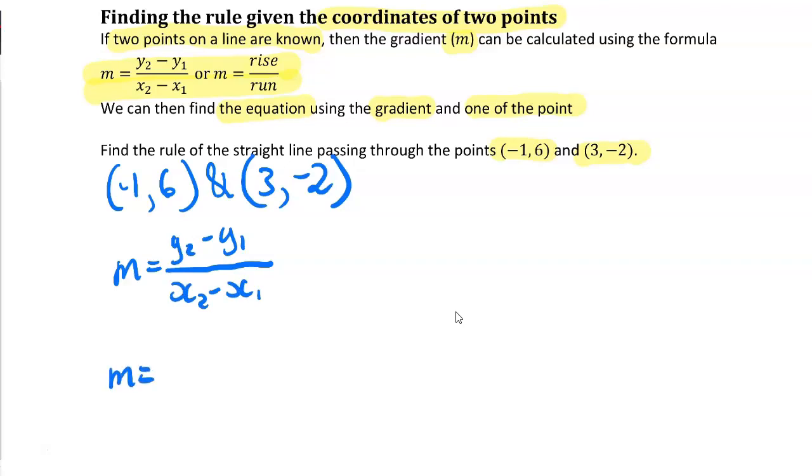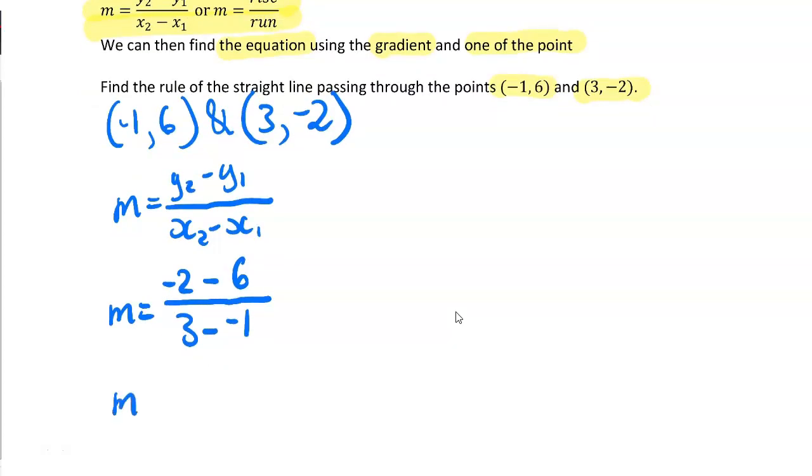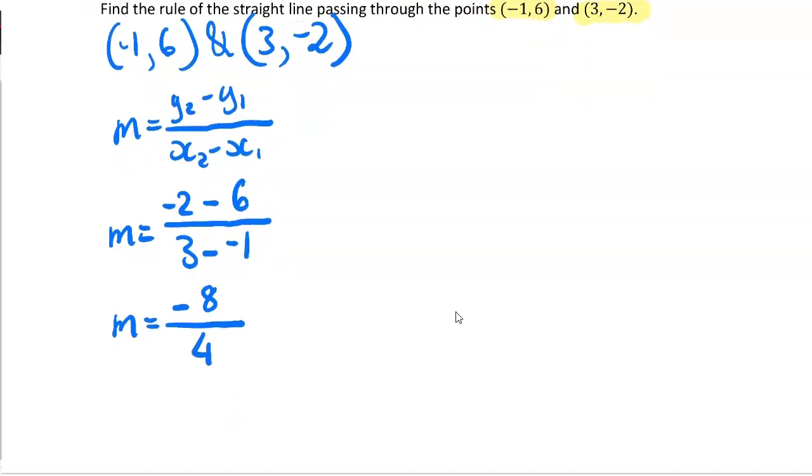So m equals negative 2, take away 6 over 3 minus negative 1. So m equals negative 2 minus 6 is negative 8 over 3 minus negative 1, 3 plus 1, so that's 4. So negative 8 divided by 4 is negative 2.